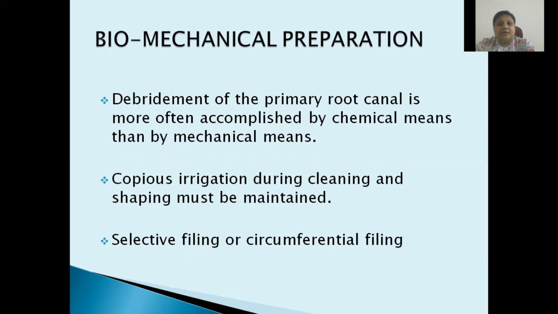Because there are tortuous root canals present in the deciduous teeth. Copious irrigation during cleaning and shaping must be maintained. Here we do selective filing or circumferential filing. By this, we pre-curve the files and then we insert them for filing so that there are least chances of fracture.